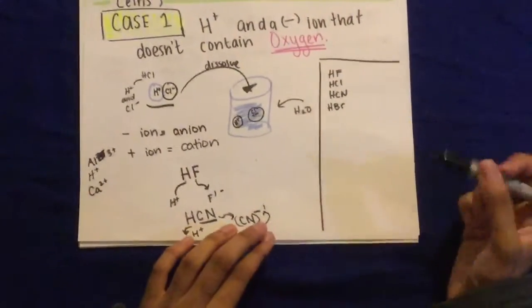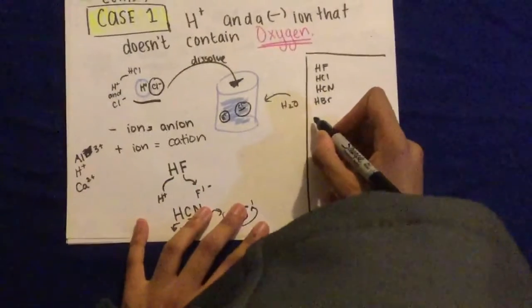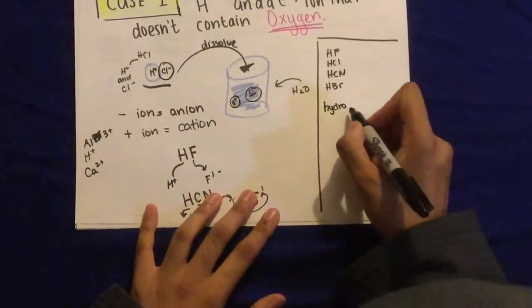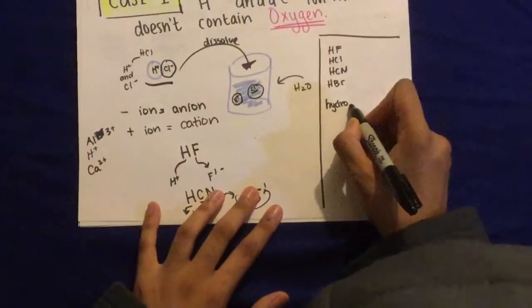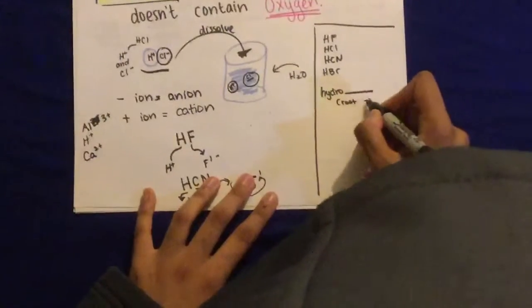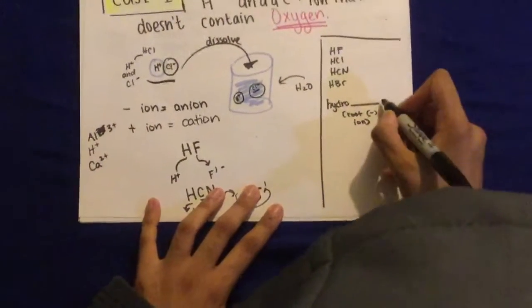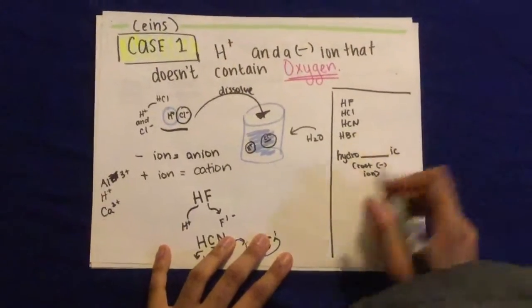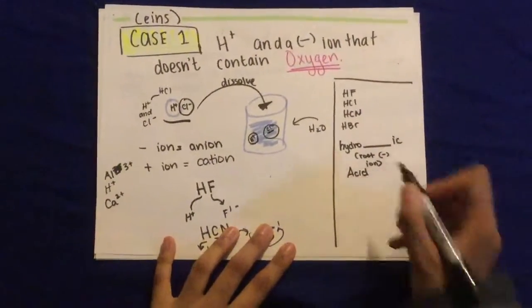In this case, you're going to have the root hydro. You're going to have a hydro in front. Then you're going to have the root of the negative ion, and then just ic at the end. And then just write acid.